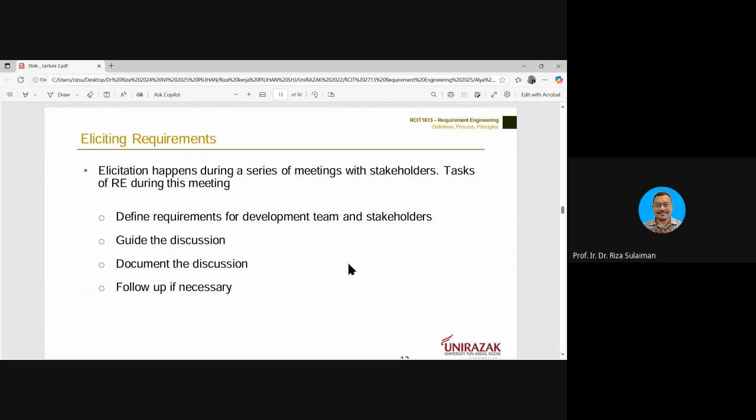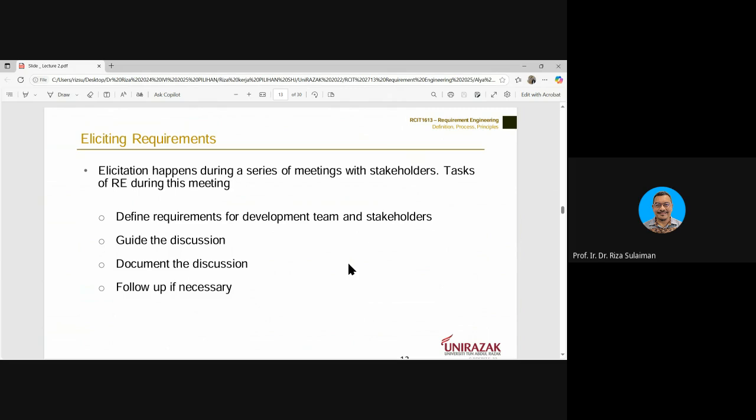Then, of course, you need to write up the document that you need to prepare, and a lot of follow-up is necessary. Remember, I mentioned previously that you go and meet your stakeholders, have meetings, and then when you go back to your office, sometimes information gets lost.